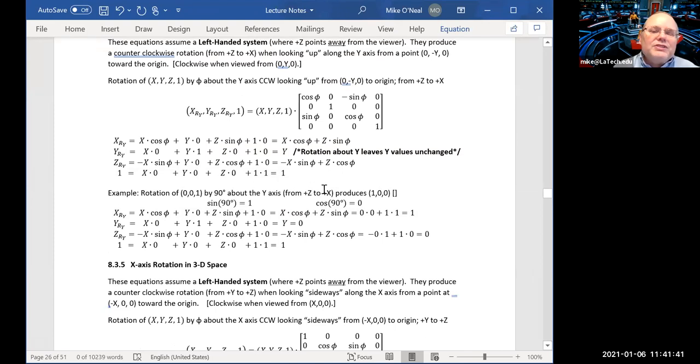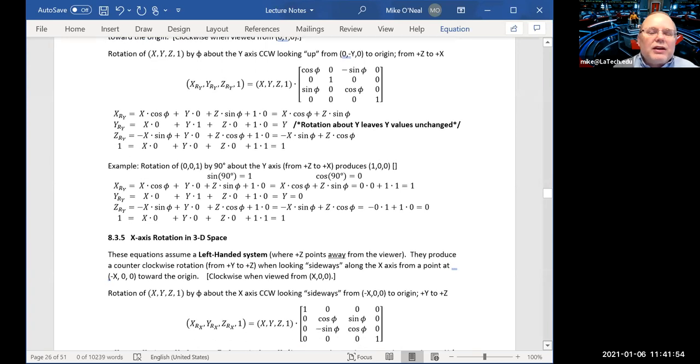So from z to x, so 0, 0, 1 is the input, right? We've got a 1 in z, and it'll flip it so that the 1 goes into x, so that was correct. Let me go back and look at this.